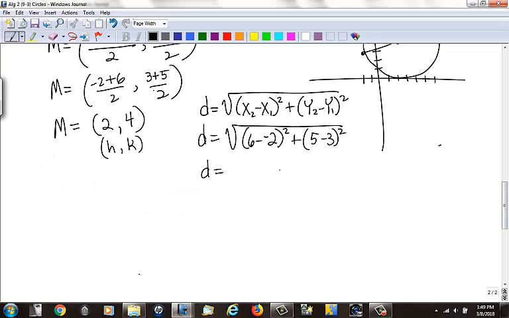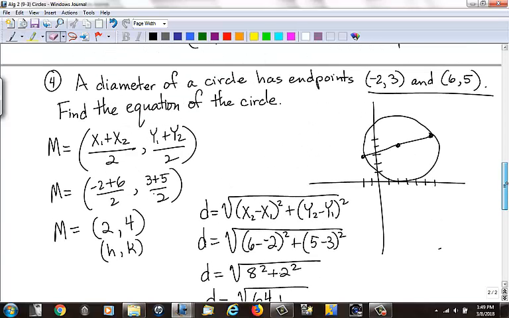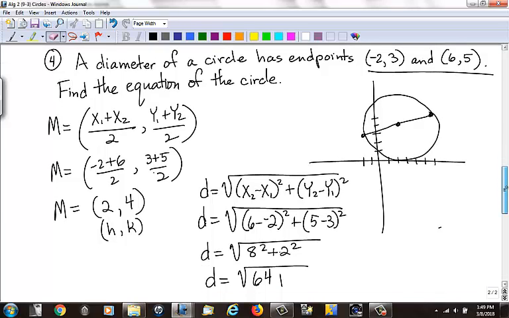So that'd be 6 plus 2 would be 8 squared plus 2 squared. That would be 64, right? No. What did I do wrong there? 8 times 8 is 64, and then 2 times 2 is 4. Plus 4. Do you agree with that?